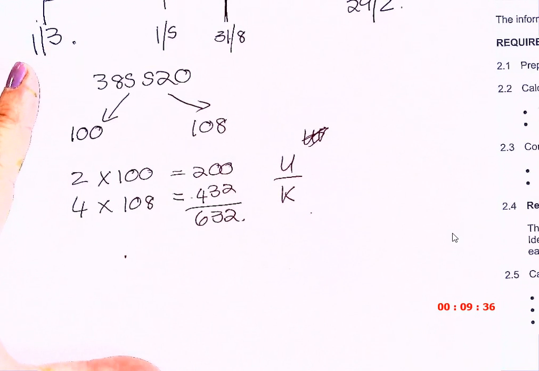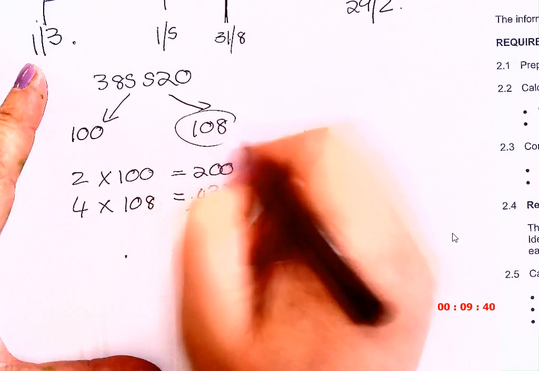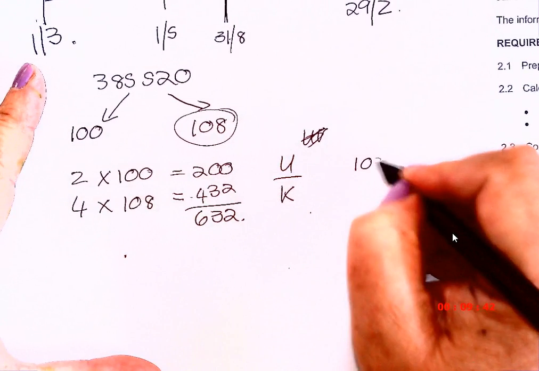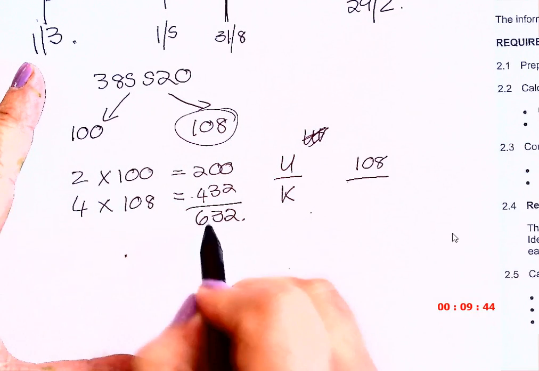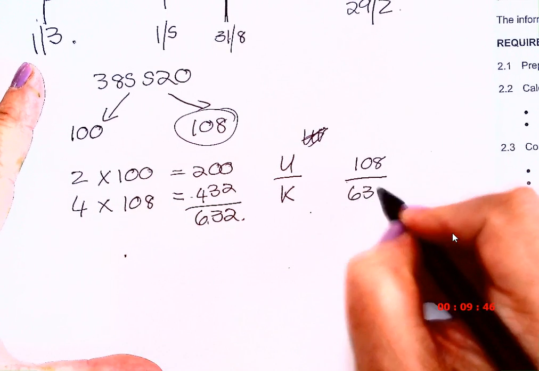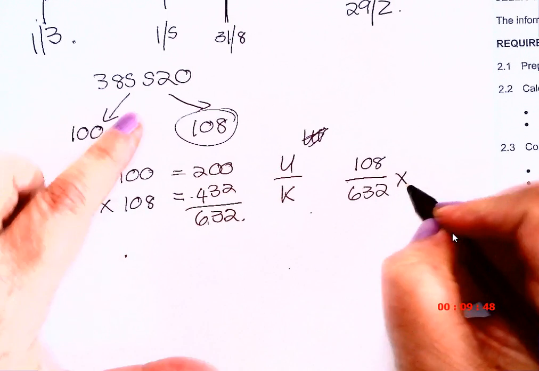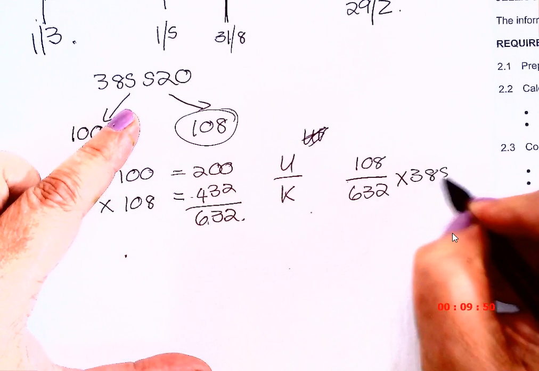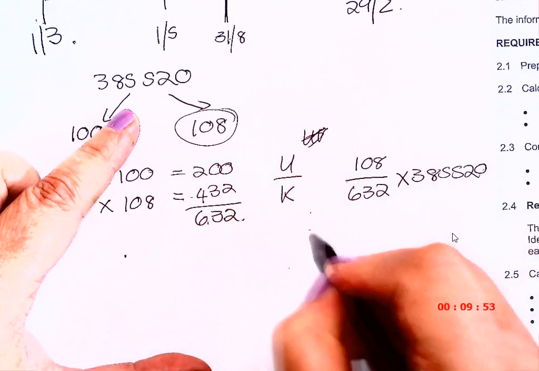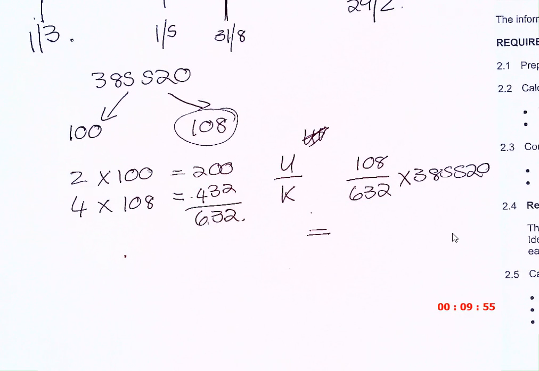Unknown over known. So, what is unknown? The 108. What is known? The 632. And how much is the 632? It's the 385,520. So what is the fee they receive per month after the increase?